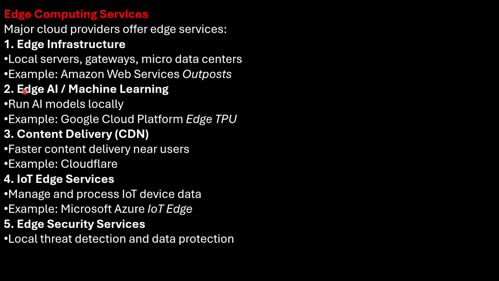Edge AI, machine learning, run AI model locally. Example, Google Cloud Platform Edge TPU. Content delivery, that is CDN, faster content delivery near users. Example, Cloudflare.